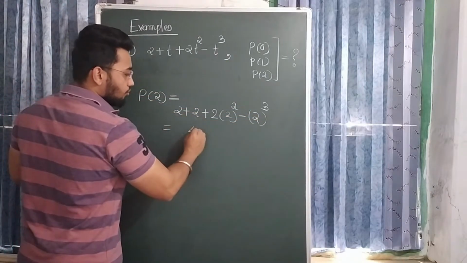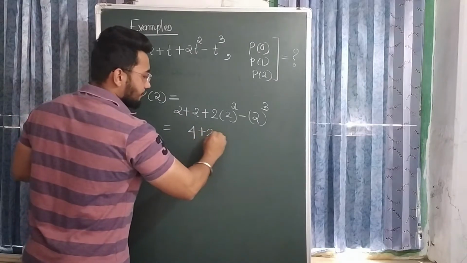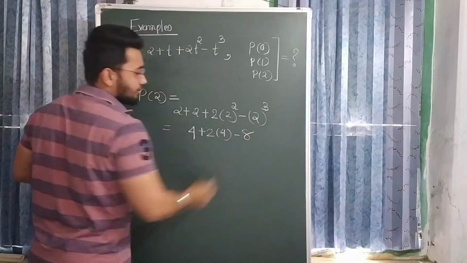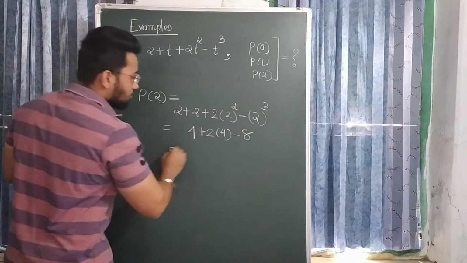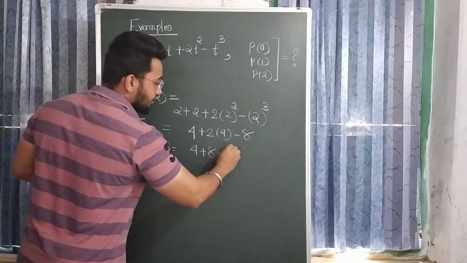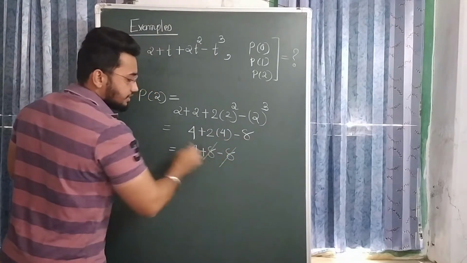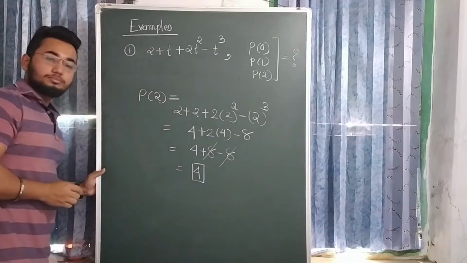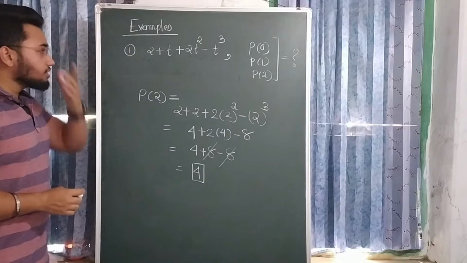Now 2 plus 2 is 4, 2 square is 4, and 2 cube is 8. You have to know the cube and square of these particular numbers. 4 twos are 8, minus 8 plus 8 will be cancelled out, and our answer is 4. Okay, so this is our first example.